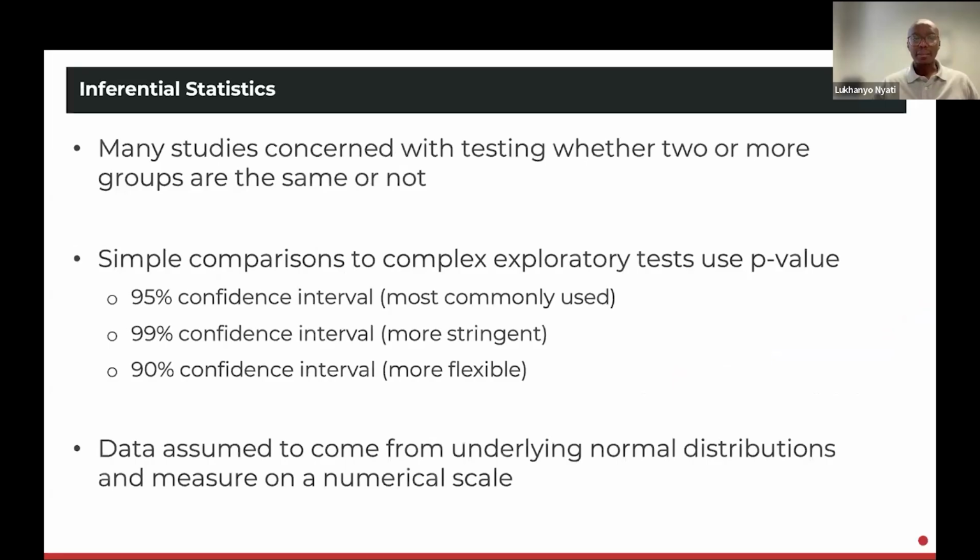All right, so I'm not going to go deep into what inferential statistics are, but just the important points in terms of how we approach our analysis when we're analyzing longitudinal data. For example, in our data set, we've got boys and girls.